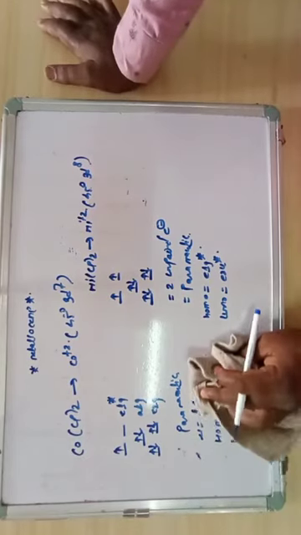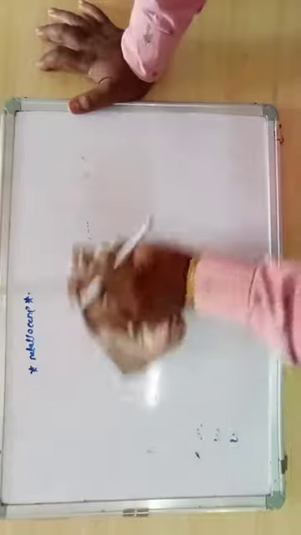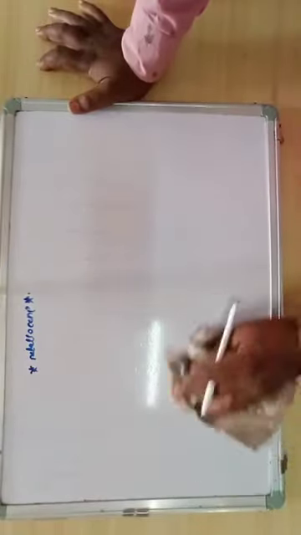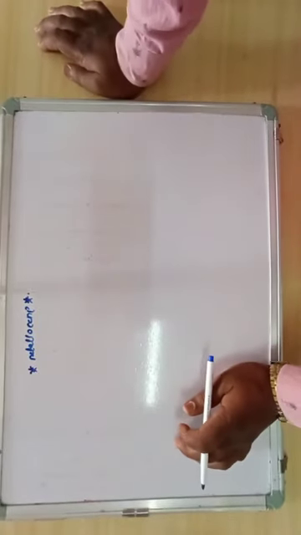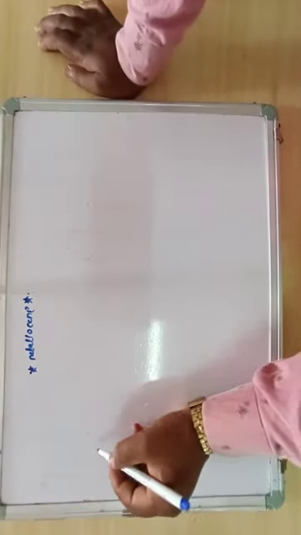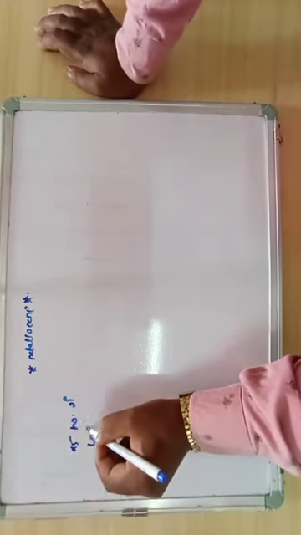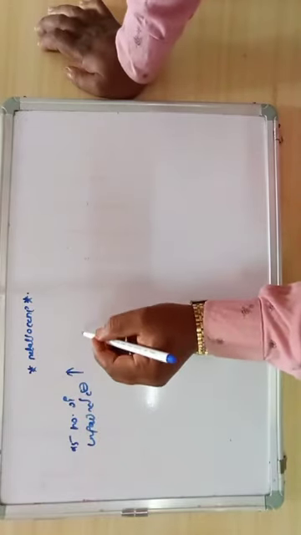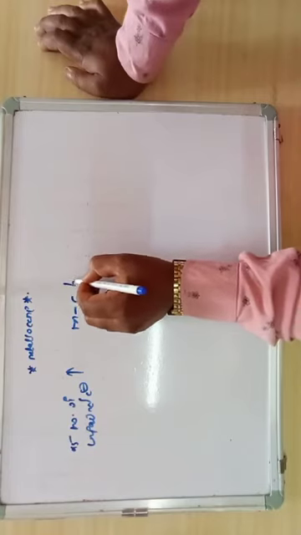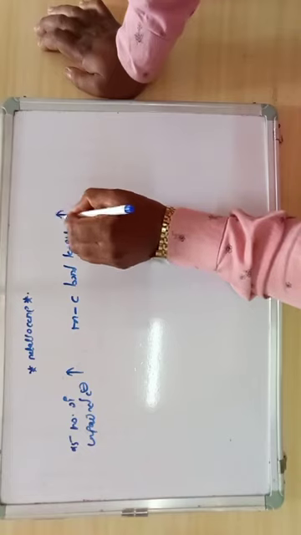Many times the question is asked on M-C bond length. In the previous lecture we discussed that as the number of unpaired electrons increases, the M-C bond length also increases.